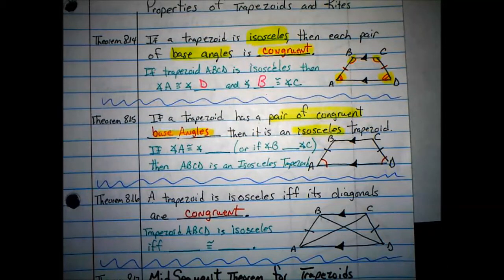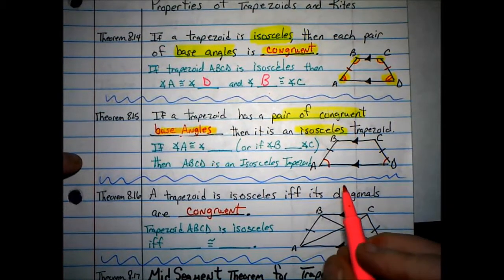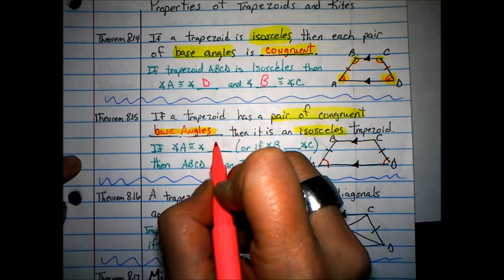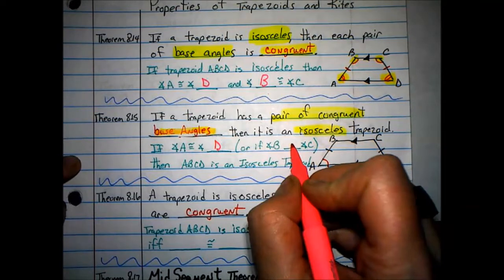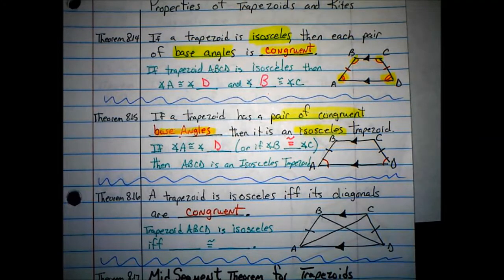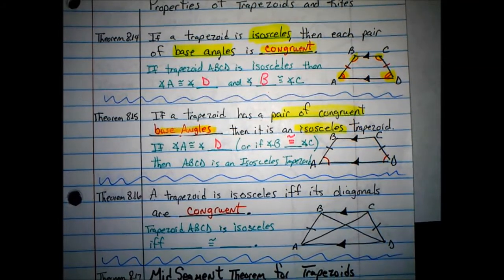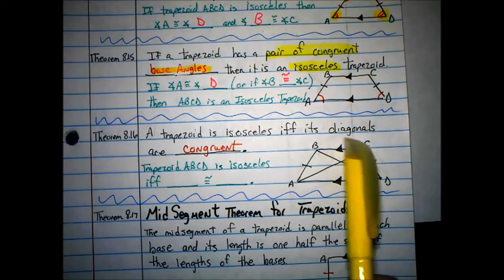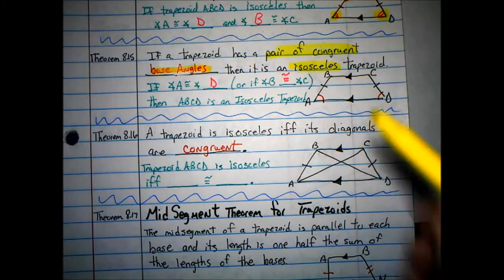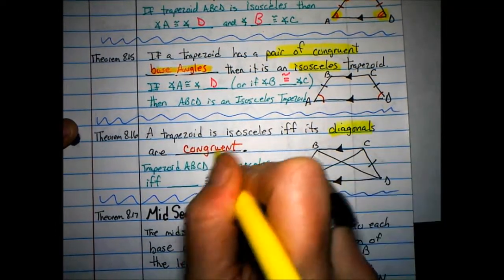So here it's saying that angle A is congruent to angle D, or you could say that angle B would be congruent to C. All it takes is one pair of base angles to be congruent, which will force it to be isosceles.